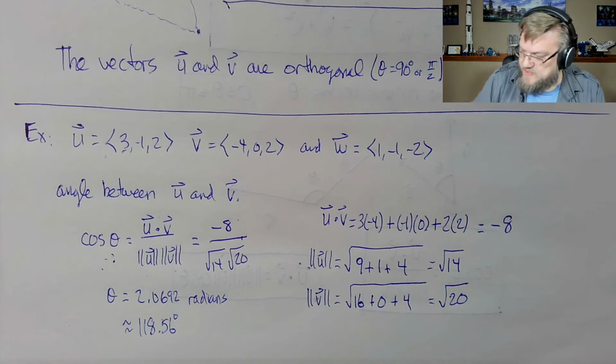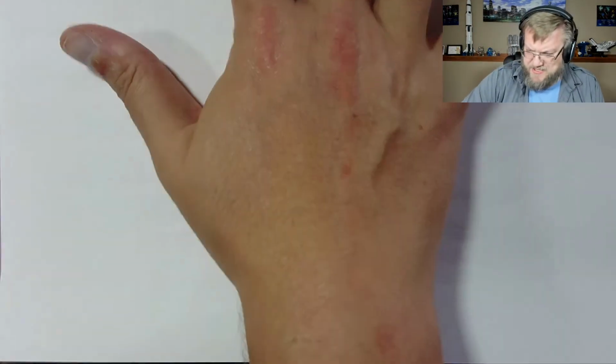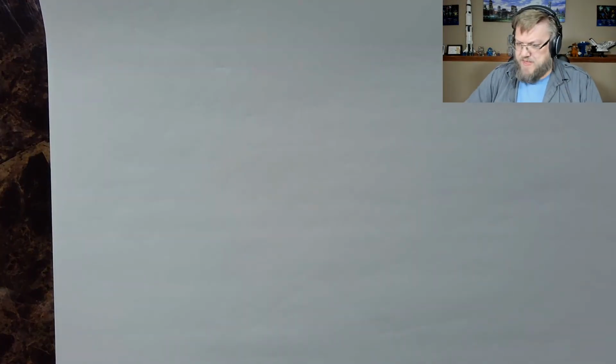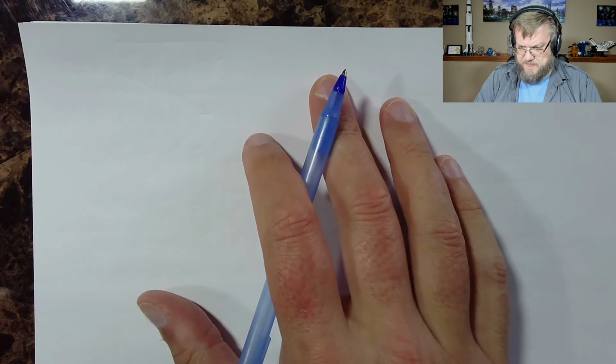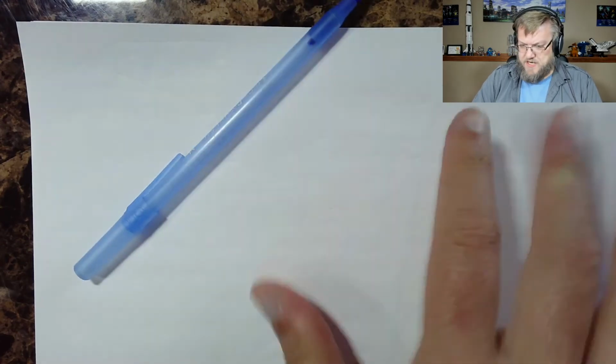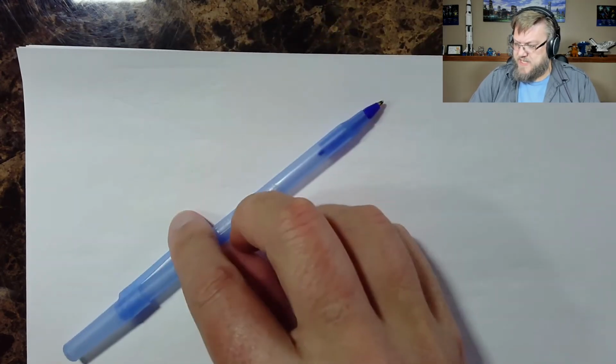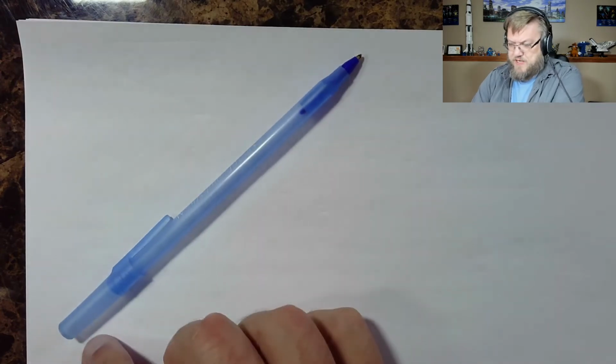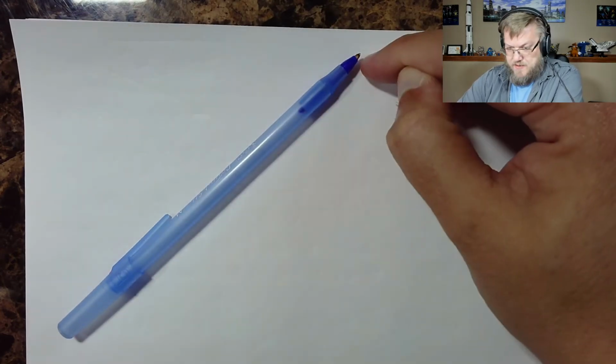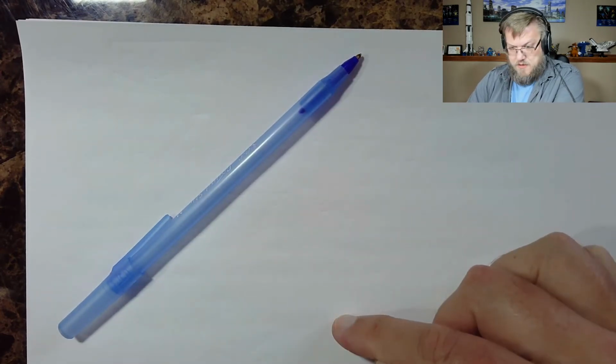Now, let's get into some other ways that we can measure what direction vectors go in, especially in 3D. Now, in 2-dimensional space, I could tell you that a vector is pointing in this direction by just telling you its rise over run. It has a certain rise and it has a certain run, yeah?